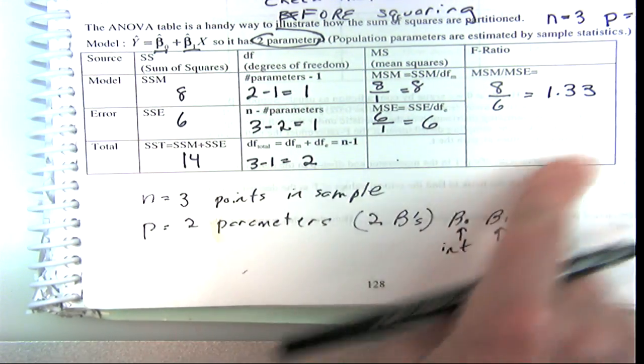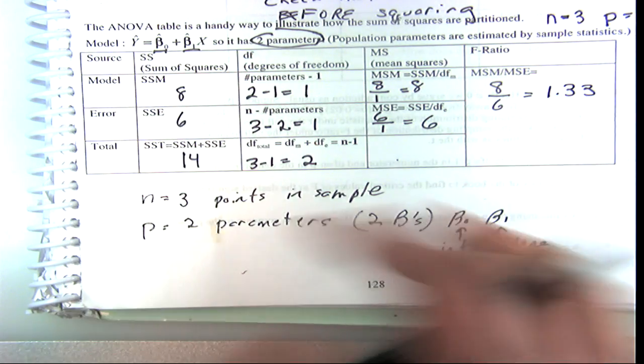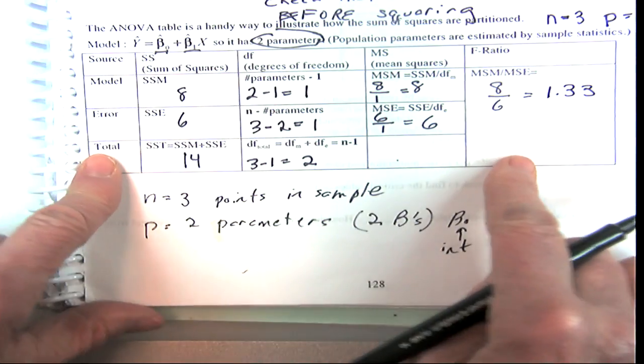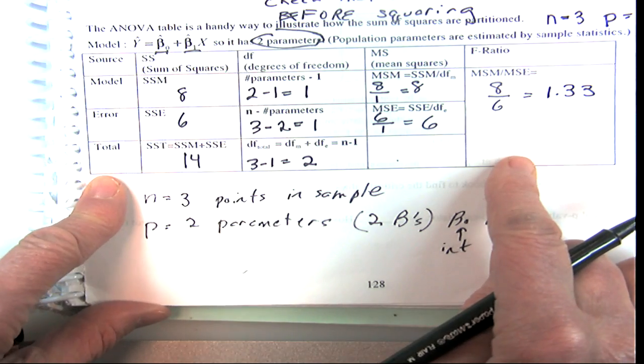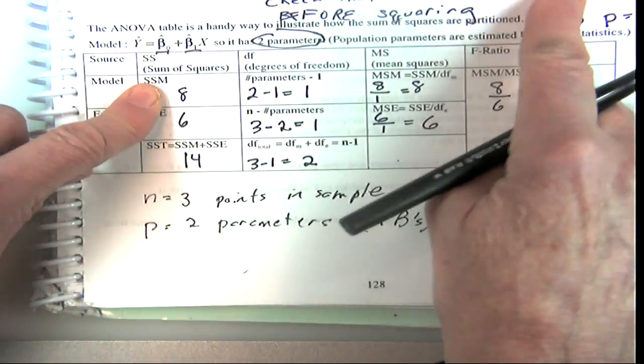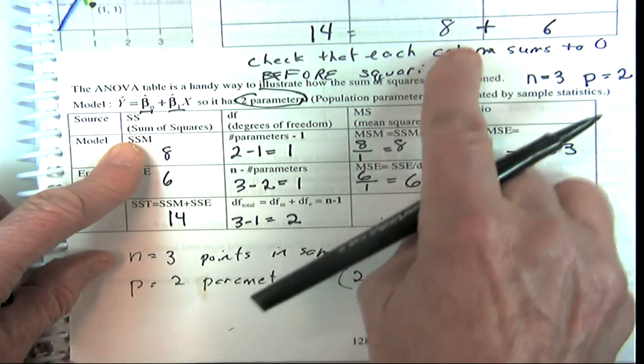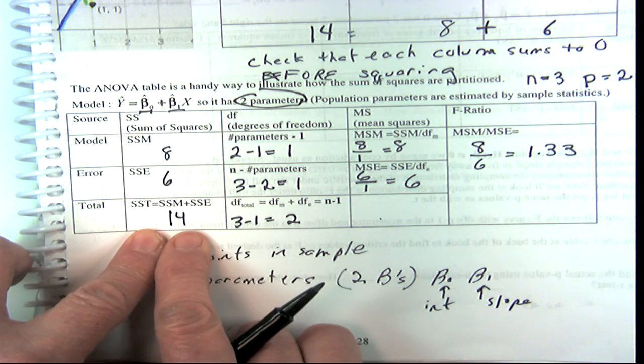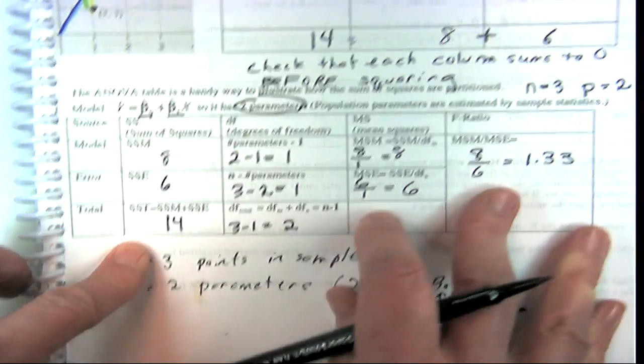And we filled out this analysis of variance table here, showing you how we break down the total sum of squares total. We figured it out here. We said, all right, the 8 plus 6 is going to equal 14 here. So we just broke down the variance of the y's into 2 parts.